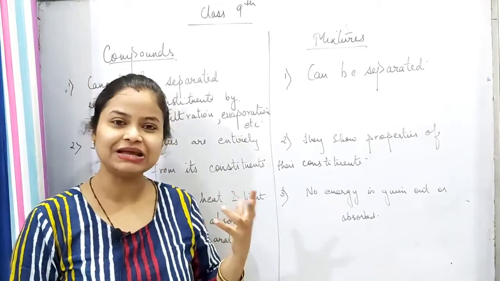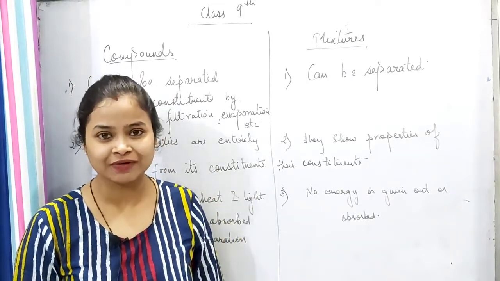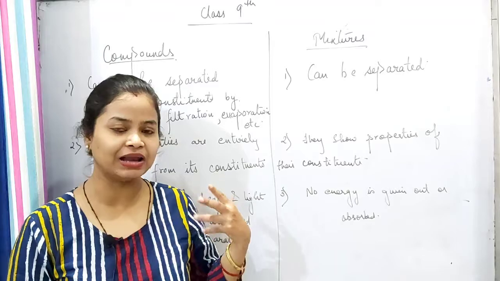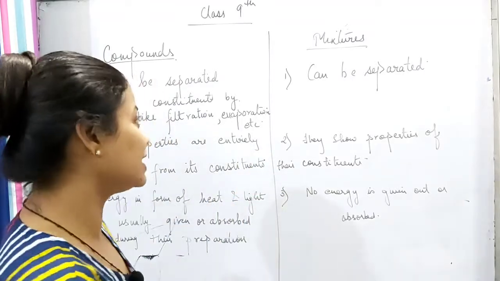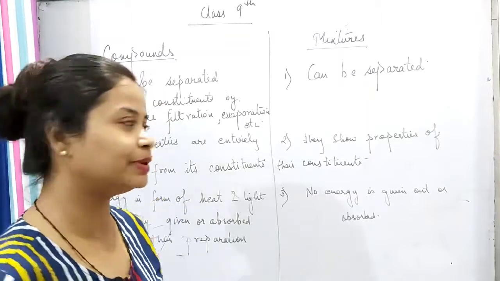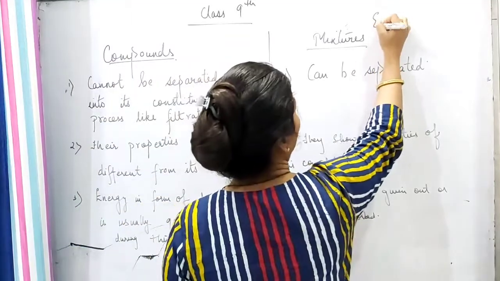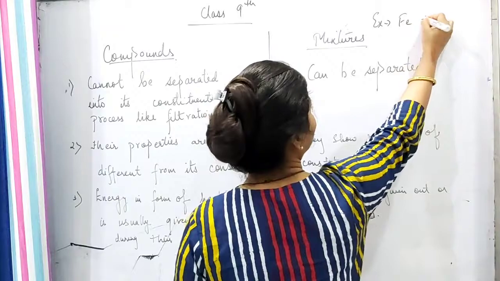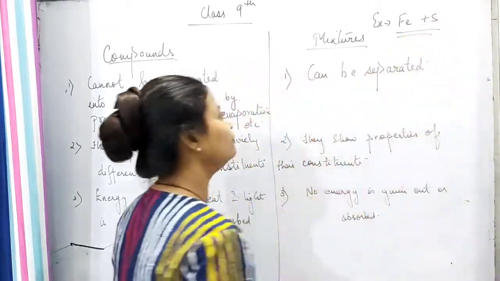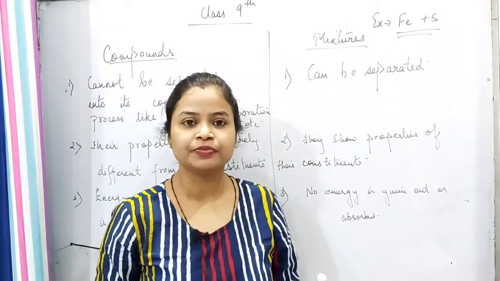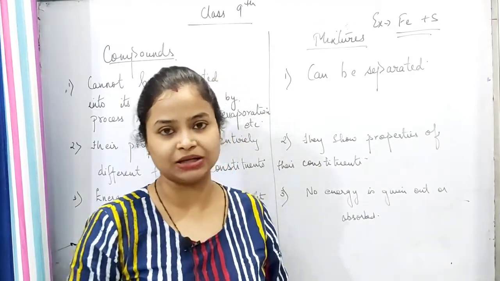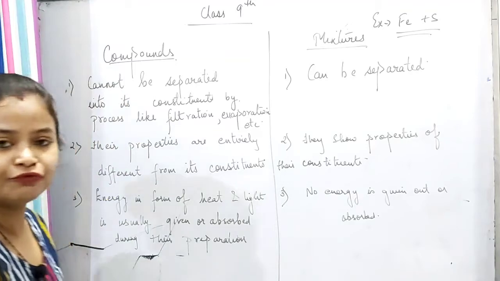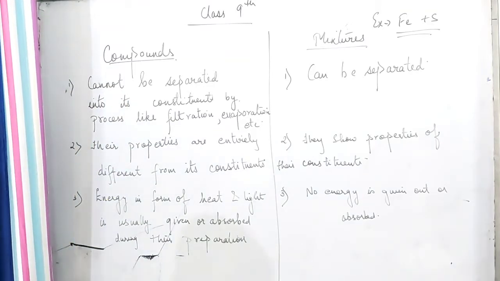Let us take one example of each, and then I'll explain each point. In the case of a mixture, I gave you one example, a combination of iron plus sulfur. When we have sulfur powder and we sprinkle some iron particles in it, iron filings, that was the example.